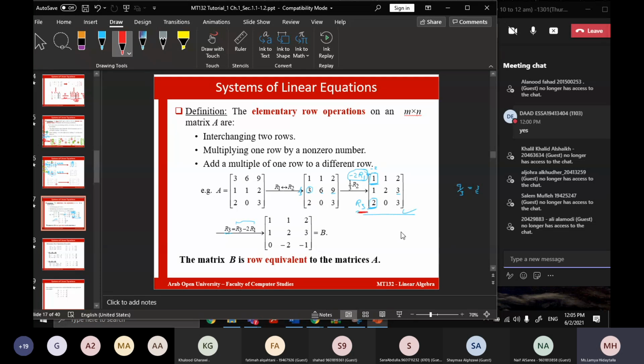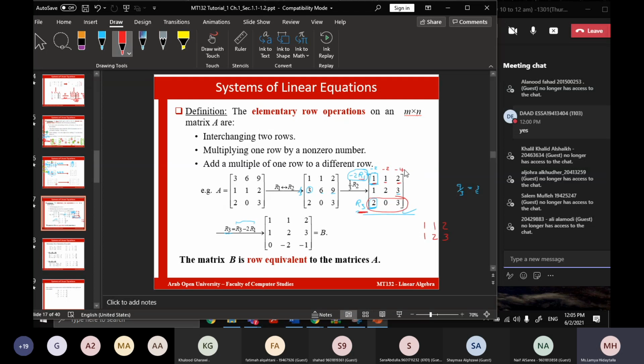So R1 and R2 will stay as they are: 1 1 2 and 1 2 3. Okay? So I want to change this one using that one. Now I will multiply R1, in my mind, by -2. So this number is going to be -2, and this number is going to be -2, and this number is going to be 2 times -2, which is -4.